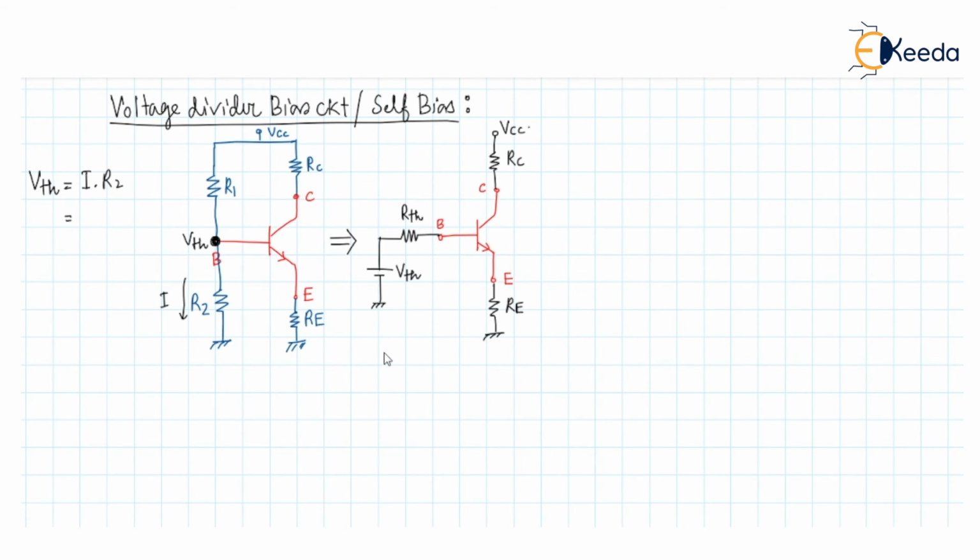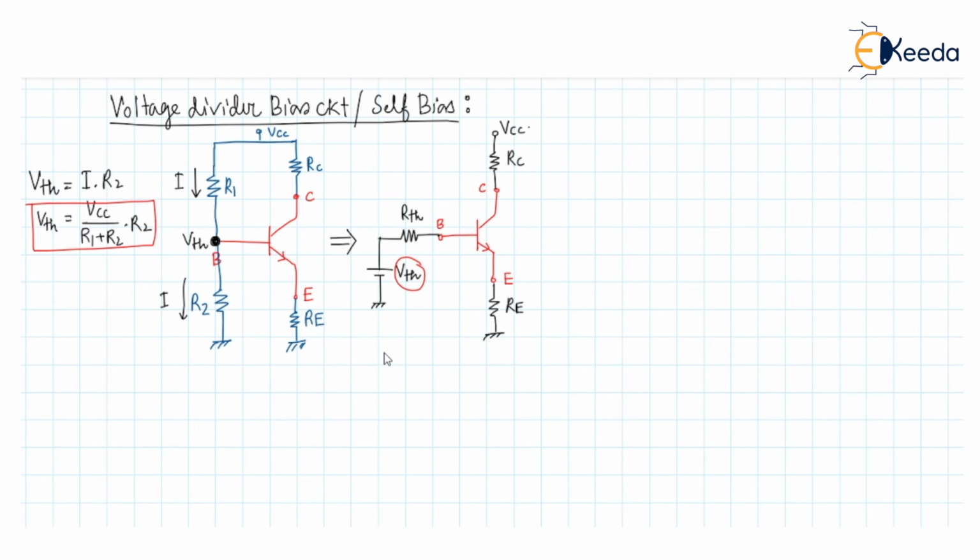The same current I is flowing here also. Since the same current I is flowing, we can say that the I value will be VCC divided by R1 plus R2. So VTH can be found from this equation.